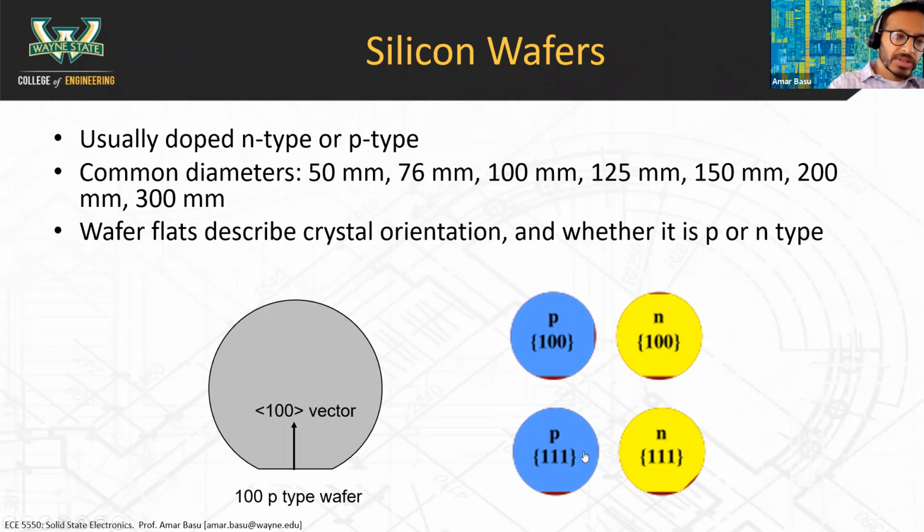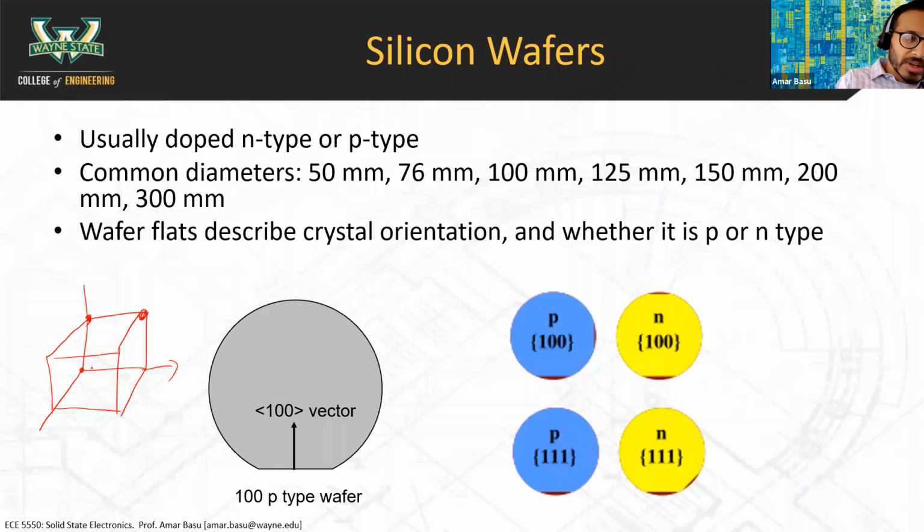So just so everyone has a clear idea on this, if we draw our crystal plane again like this. This is our model of the lattice structure, and we have our atoms here. I'm not going to bother drawing all the atoms because it'll get cluttered really quickly. But if we want what's called a 100 wafer, we would cut it like this.